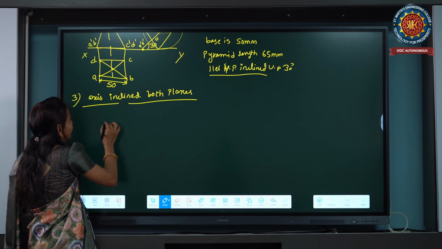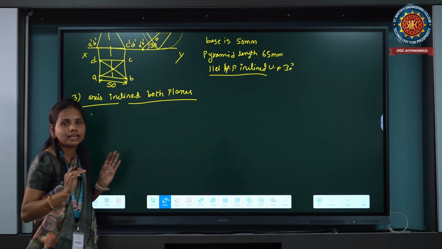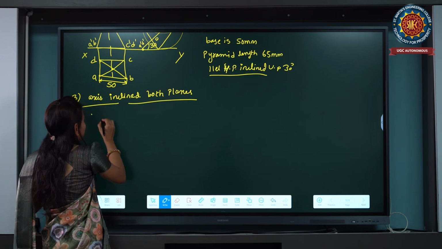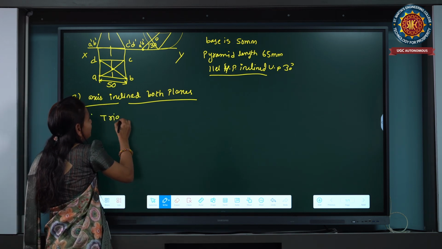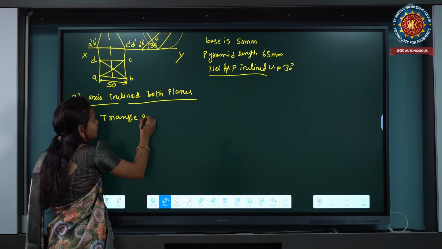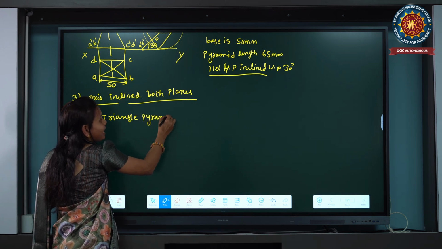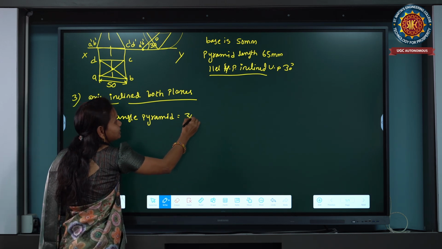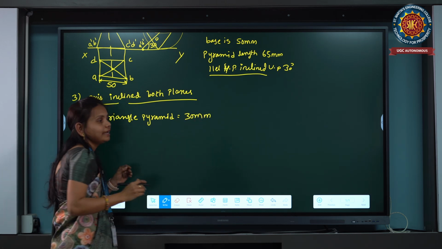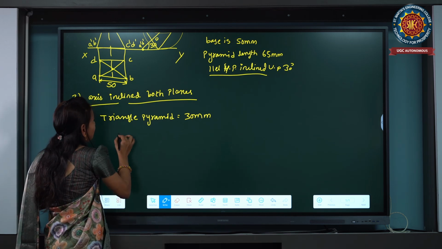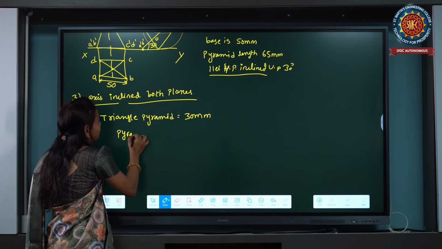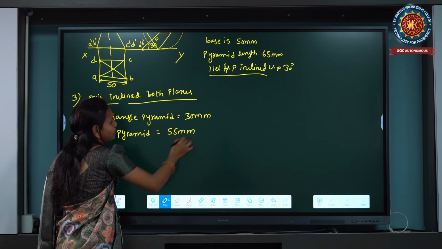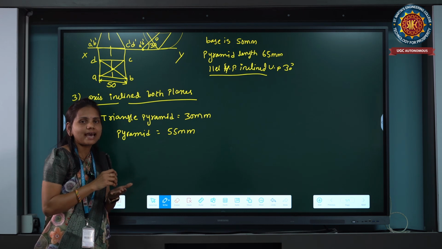Same here, for example, I am taking a triangle pyramid. So for example, triangle pyramid, base is 30 mm and pyramid axis is 55 mm.